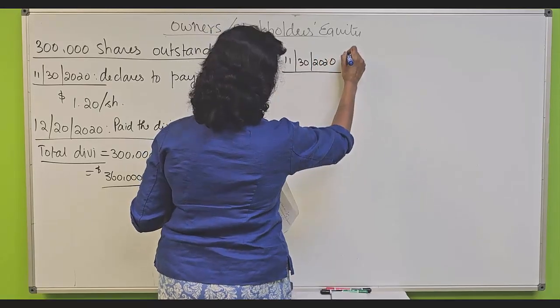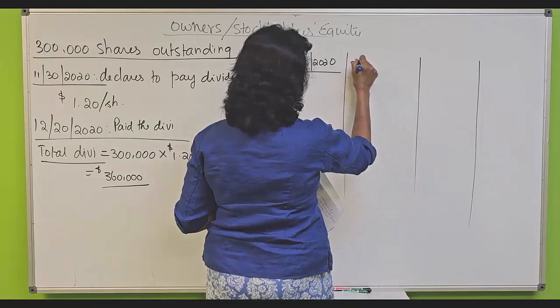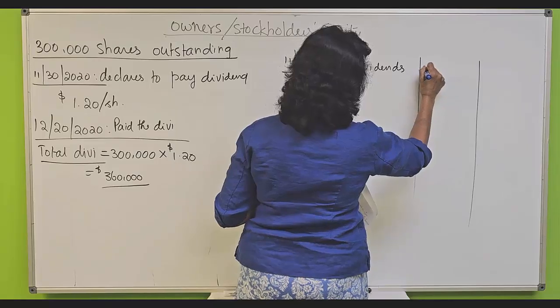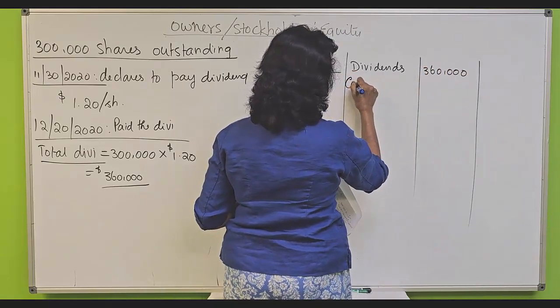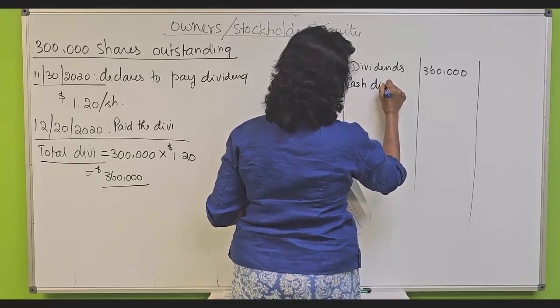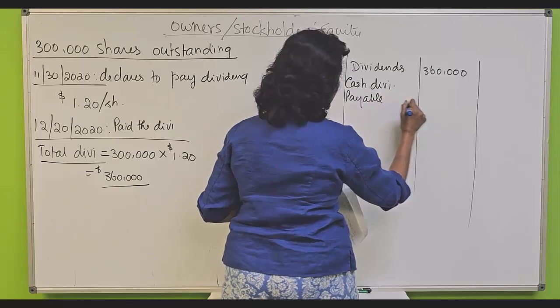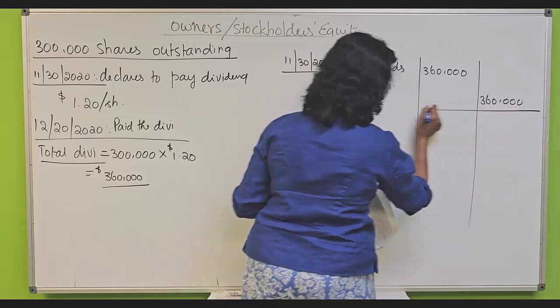So here, on the day of the declaration, on 11/30/2020, the company is going to debit dividends $360,000 and credit cash dividend payable $360,000.